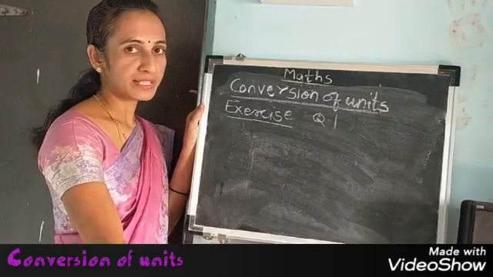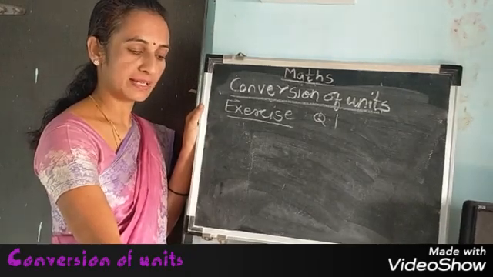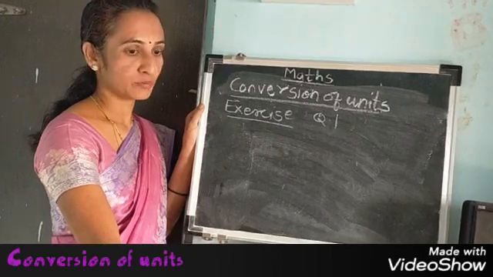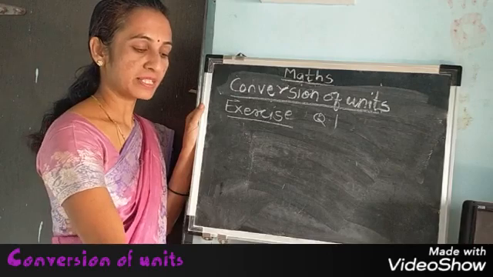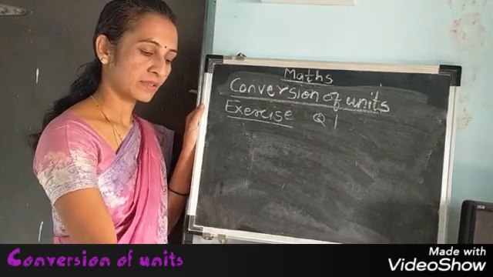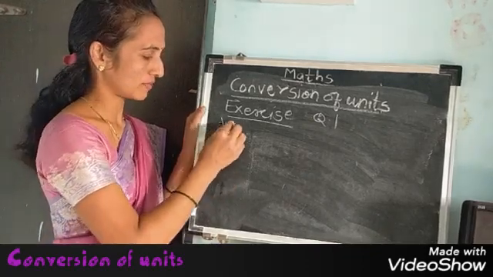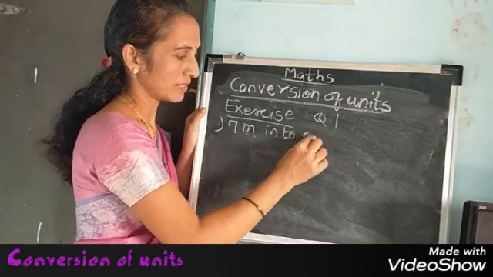But I will solve here only 3 examples. See, meter into centimeter, kilometer into meter, and one fraction is given, 5.5. That means first 4 and 5 examples. So first one, 7 meter into centimeter.